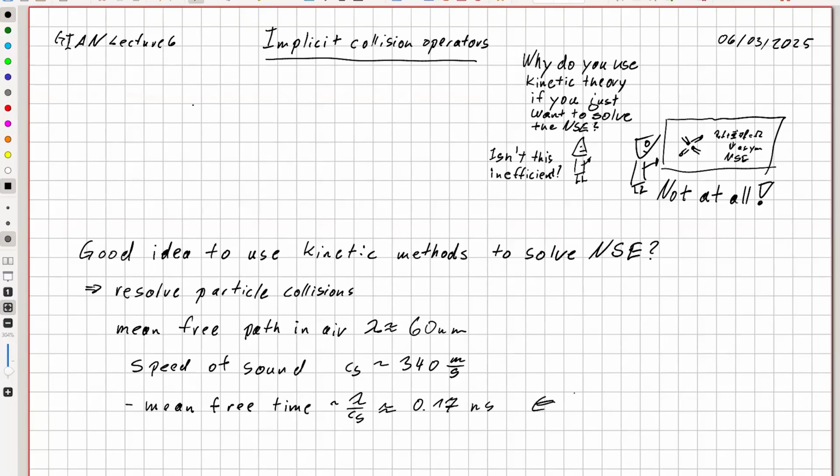Now the big question we have to ask is, do we need to resolve this? Well, in a way, yes. So kinetic methods, if you want to capture kinetic effects, they have to resolve this. This is the time scale at which the kinetic equation evolves.